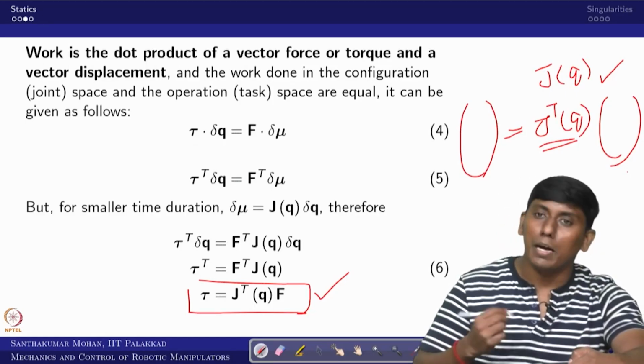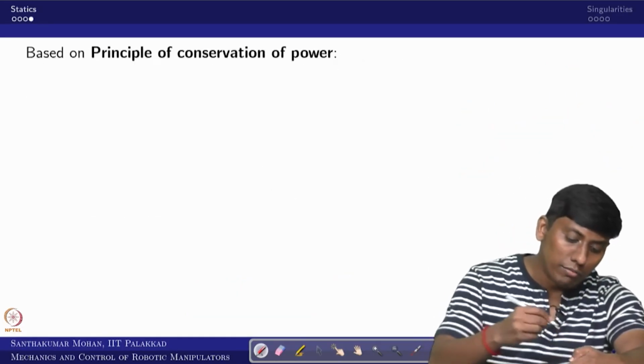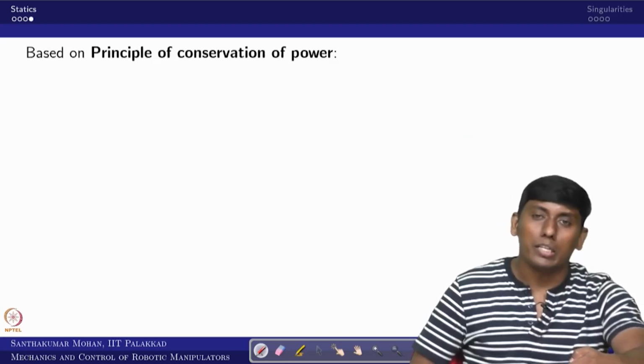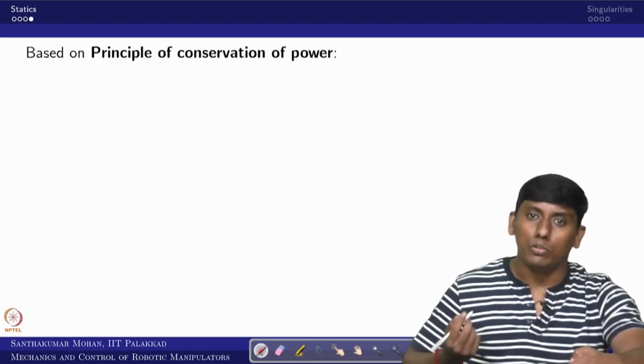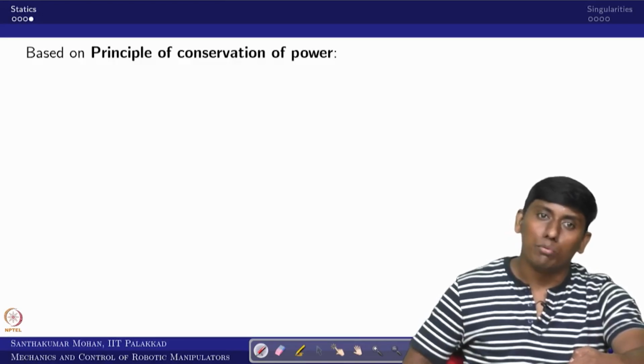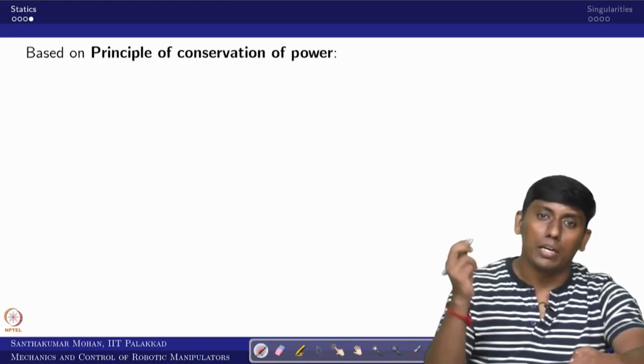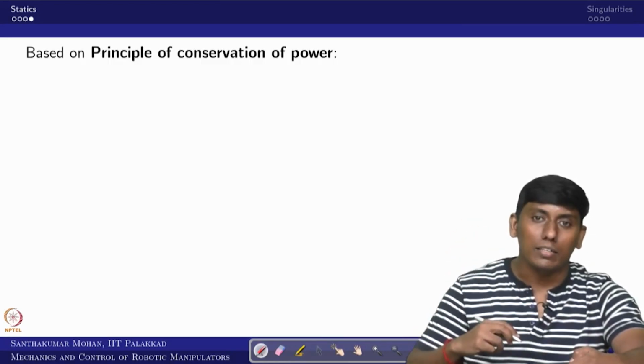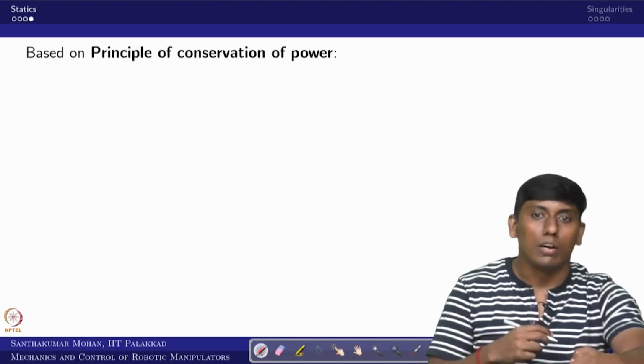The same relation some people write based on the conservation of power. What that means is, assuming there are no losses, whatever power happens at the output end, in the sense the task end, would be equal on the configuration end.